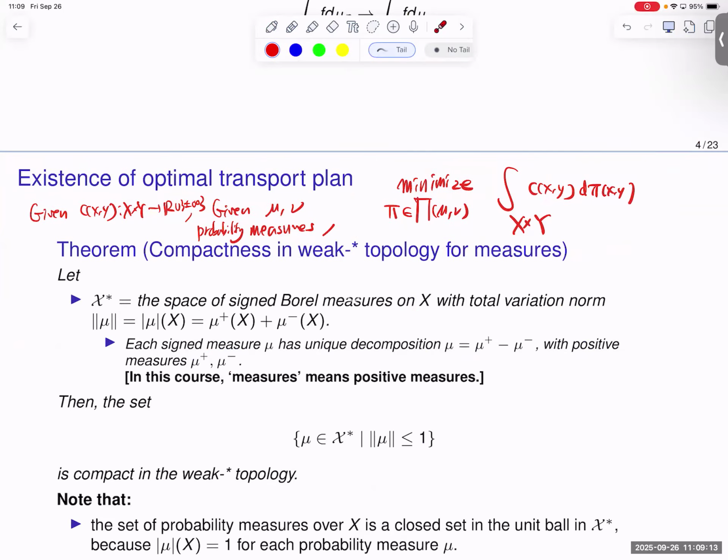All right, so then the question is whether such a solution exists. By the way, do you remember that given mu and nu, you can always find a transport plan, right? So this problem is feasible. You can always find a feasible solution, meaning a transport plan pi satisfying these conditions.